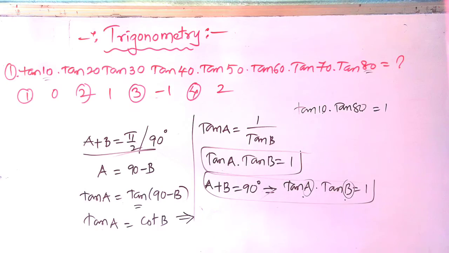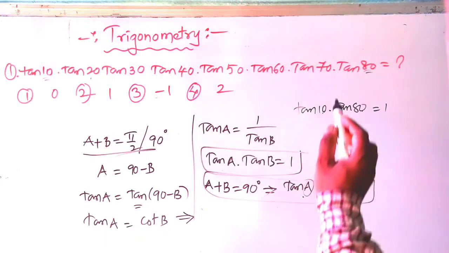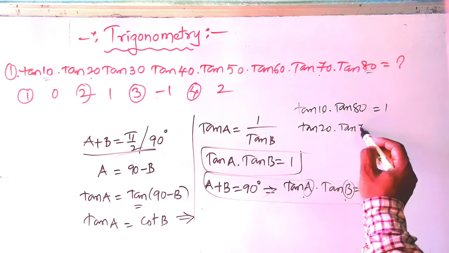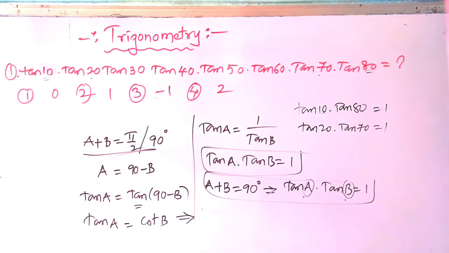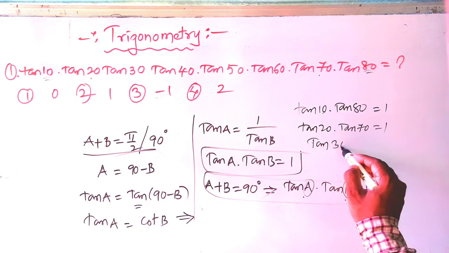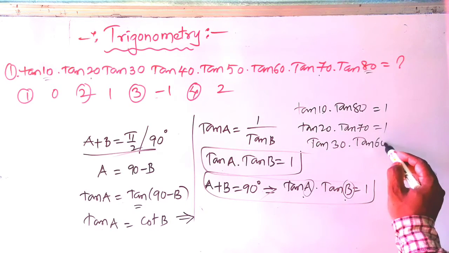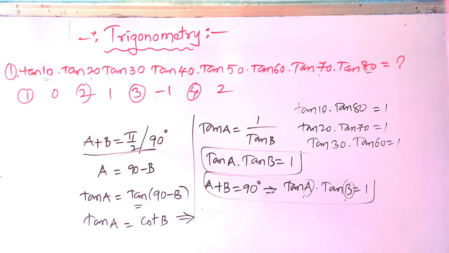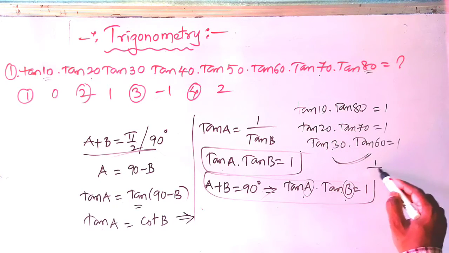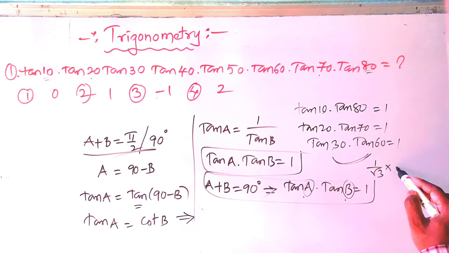Okay, next 20 is there and 70 is there. So tan 20 into tan 70 also is equal to 1. Next, tan 30 into tan 60 is also 1, since 60 plus 30 is 90. Tan 30 value we know is 1 by root 3, tan 60 value is root 3.